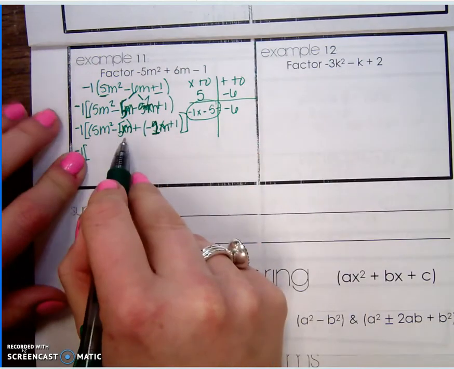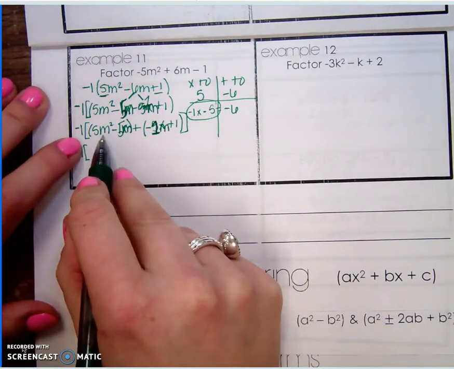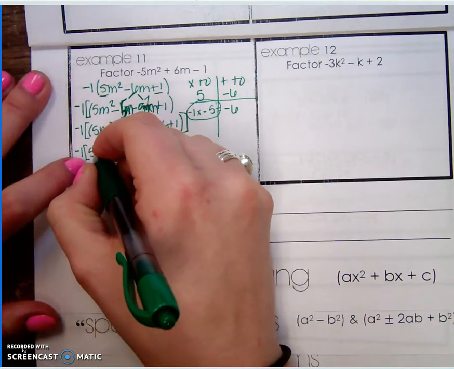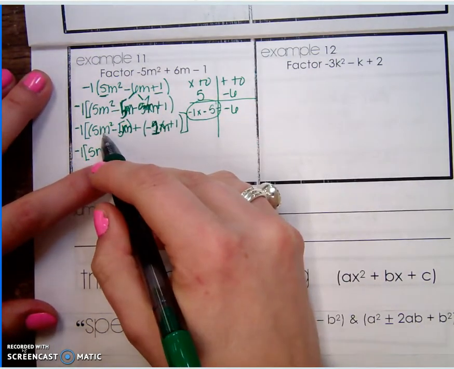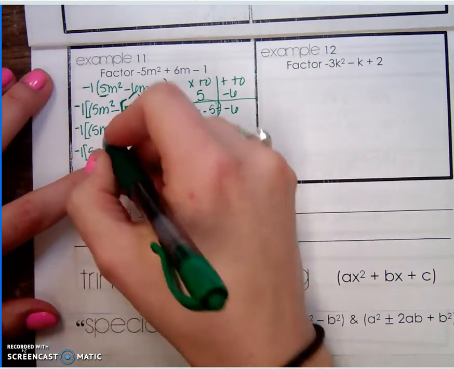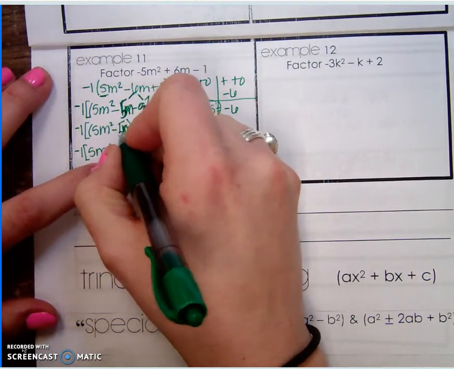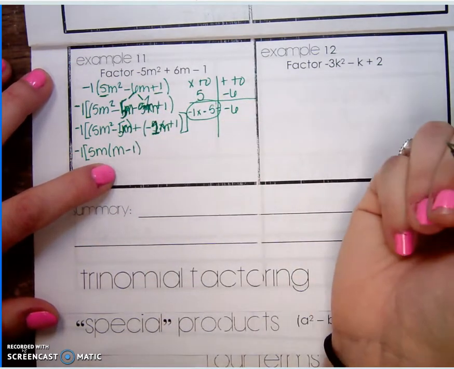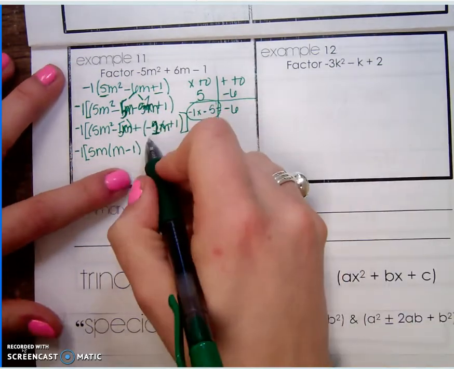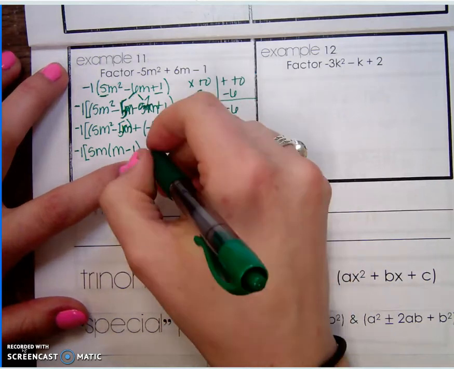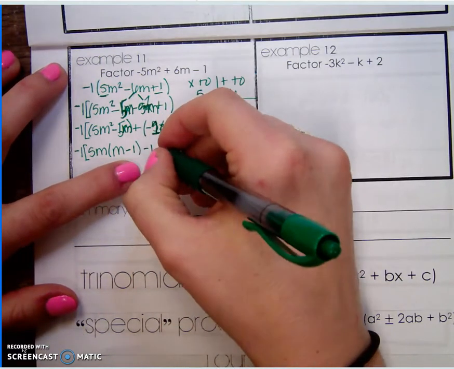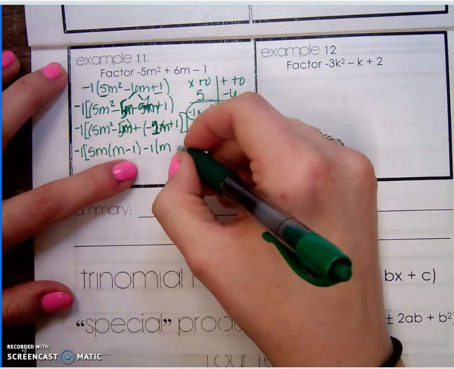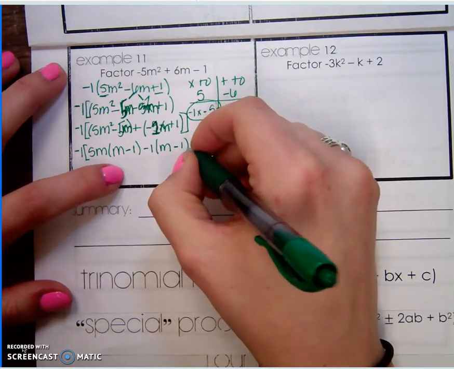So now what I can do is pull out a 5m out of this first term. And I'm left with just m there minus 5m divided by 5m is just 1. Okay. And then pulling out of negative 1m plus 1, I can pull out a negative 1. And I'm left with just m, and then 1 divided by negative 1 is negative 1.